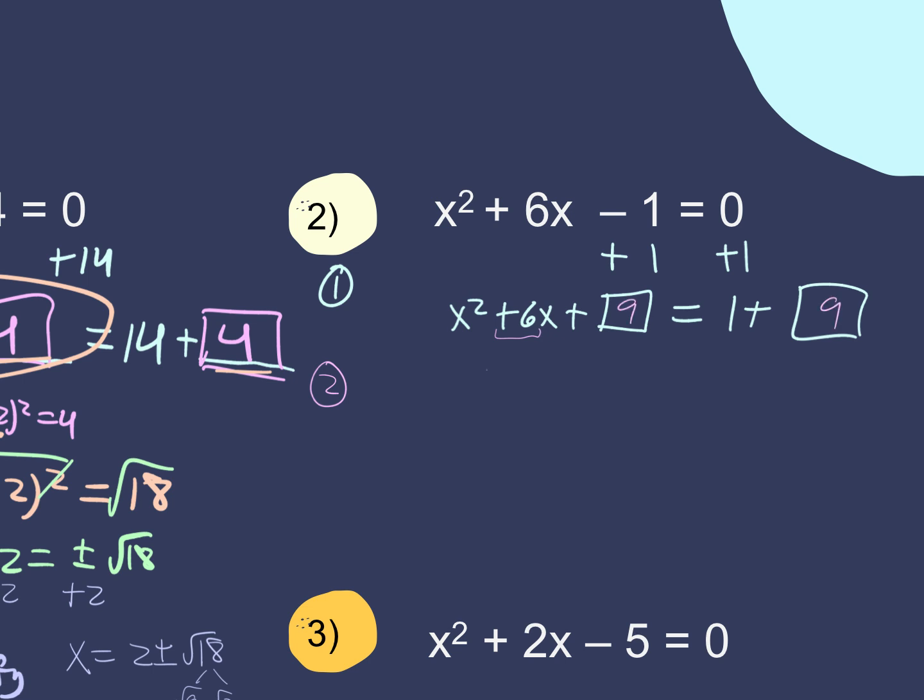And we should get x squared plus 6x plus 9 equals 1 plus 9 is 10. All right? And then the third thing we want to do is we want to factor a perfect square trinomial. x squared plus 6x plus 9 is going to factor as x plus 3 times x plus 3, but that's the same as x plus 3 squared. And that equals 10.